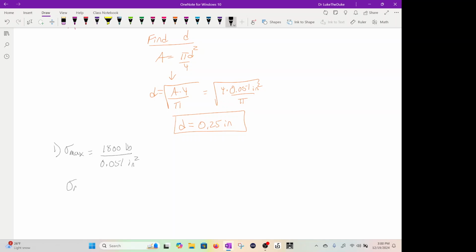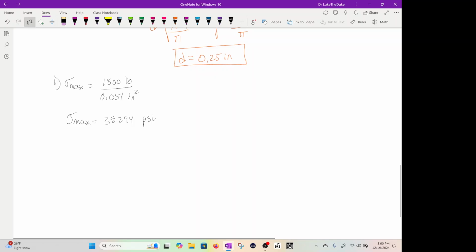Okay, and sigma max becomes 35294 psi. We're going to find sigma min, 150 pounds over 0.051 inch squared, and sigma min becomes 2941 psi.